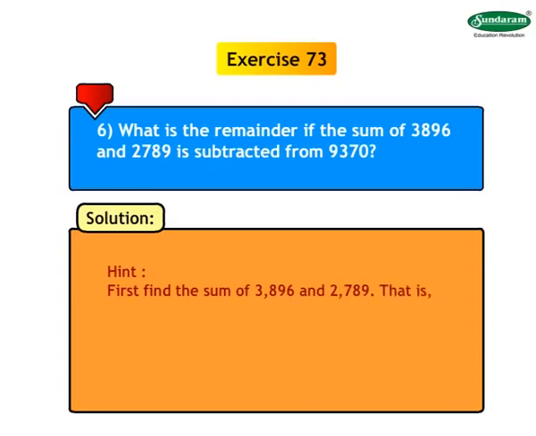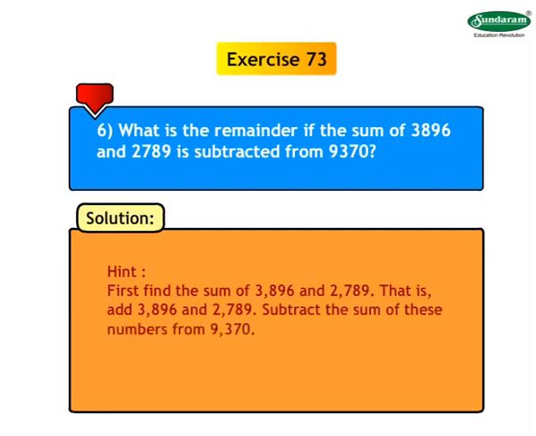That is, add 3,896 and 2,789. Subtract the sum of these numbers from 9,370. So this problem involves addition and then subtraction.